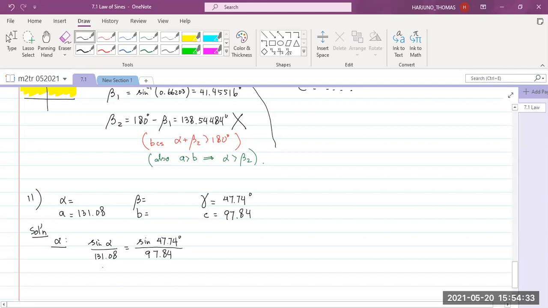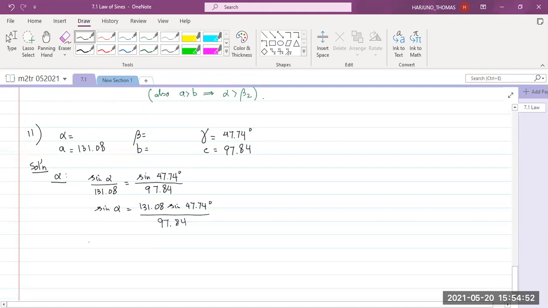Okay, so sine alpha equals 131.08 sine 47.74 degrees over 97.84. By the way, this second step here, I do require you to write it down. Don't just come up with, oh, this is what I use, and then boom, I get sine alpha right away.